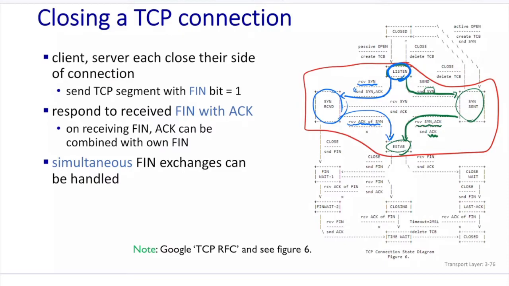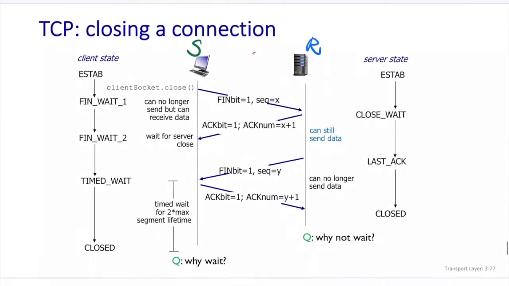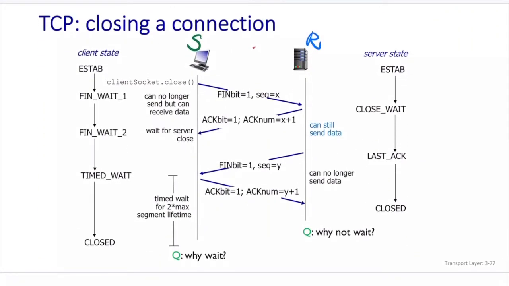So that's it. And the last one is when the client and server, or the sender and the receiver, would like to terminate the connection. So the first one again is that the sender will send a TCP segment with the FIN bit set, and let's assume the sequence number is x.